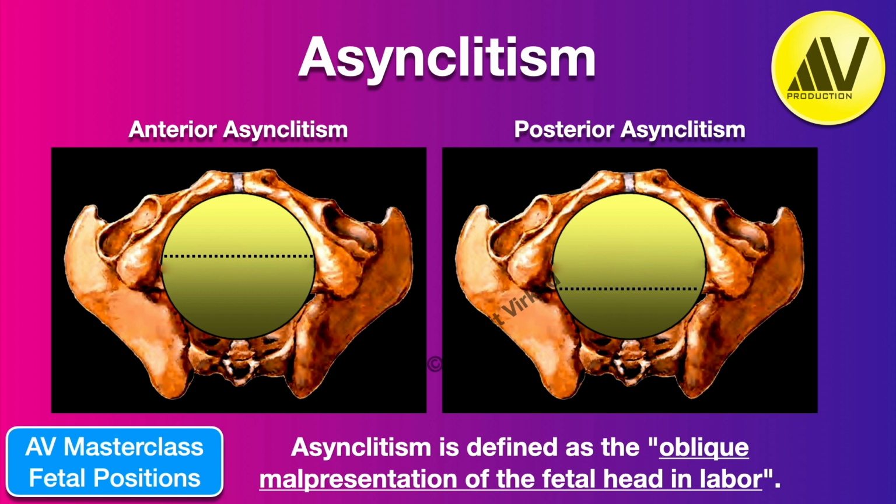Its obstetric significance is as follows. Asynclitism brings the shorter super-subparietal diameter, which is 9 cm, to enter the pelvis instead of the biparietal diameter, which is 9.5 cm. Remember, slight degree of asynclitism may occur in normal labor.